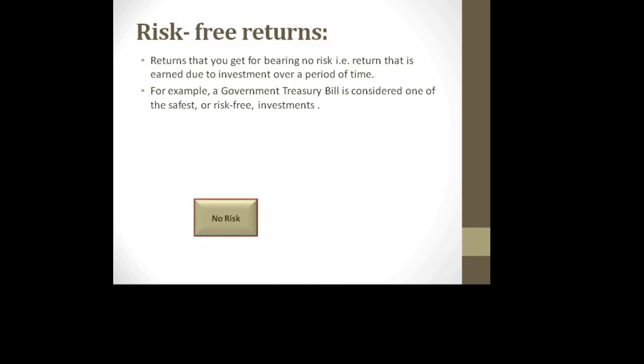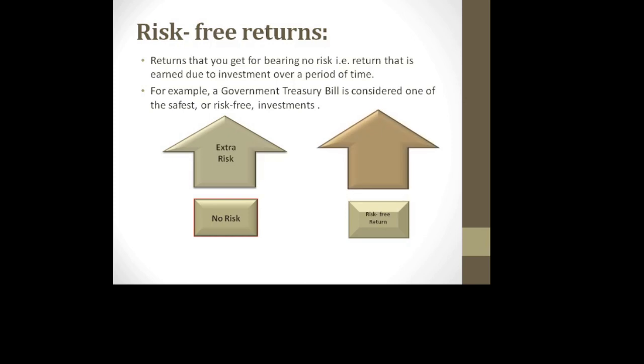In this diagram, you will see when there is no risk, you get a corresponding return for that no risk, but this return is due to the investment over that period of time, right? That is termed as risk-free return. Now, as risk increases, extra risk, you obviously get an extra return for bearing that extra risk, which is termed as risk premium.